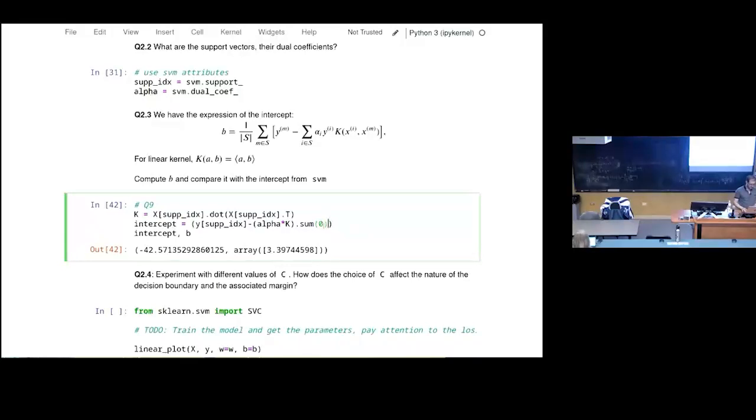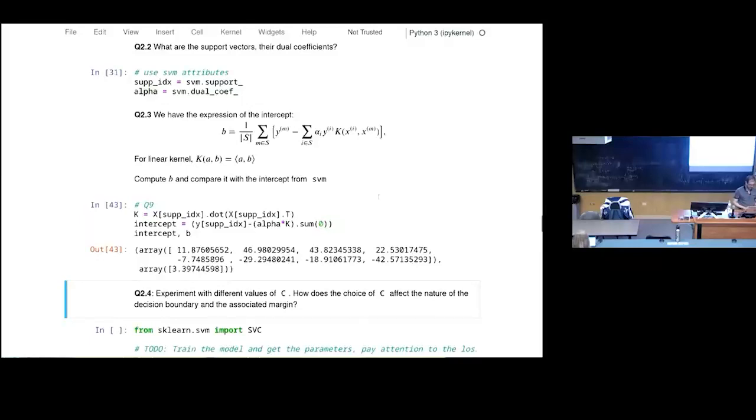So I'm doing y support minus, nope, I'm not interested in this. I'm doing an alpha k. The prediction would be... Well, let's do it the other way around. Okay, I'm missing something here.